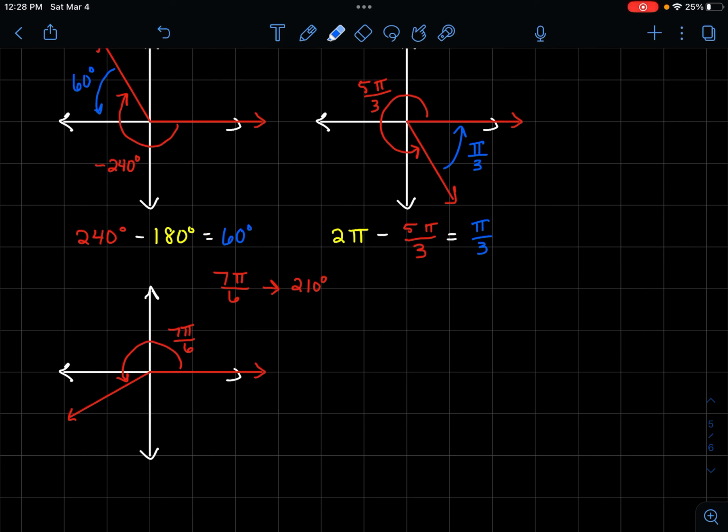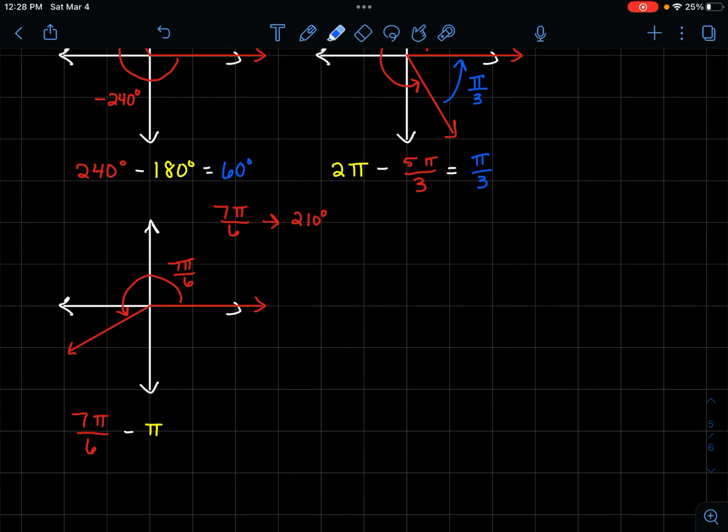Now we're looking at a flat line, 180. 180 as a radian is pi. So let's take our bigger radian measurement and subtract away the pi. On our calculator, we have 7/6. Let's subtract away what's assumed to be a 1 there and not worry so much about the pi symbol. 7/6 minus 1 is 1/6, so our reference angle here is pi over 6.